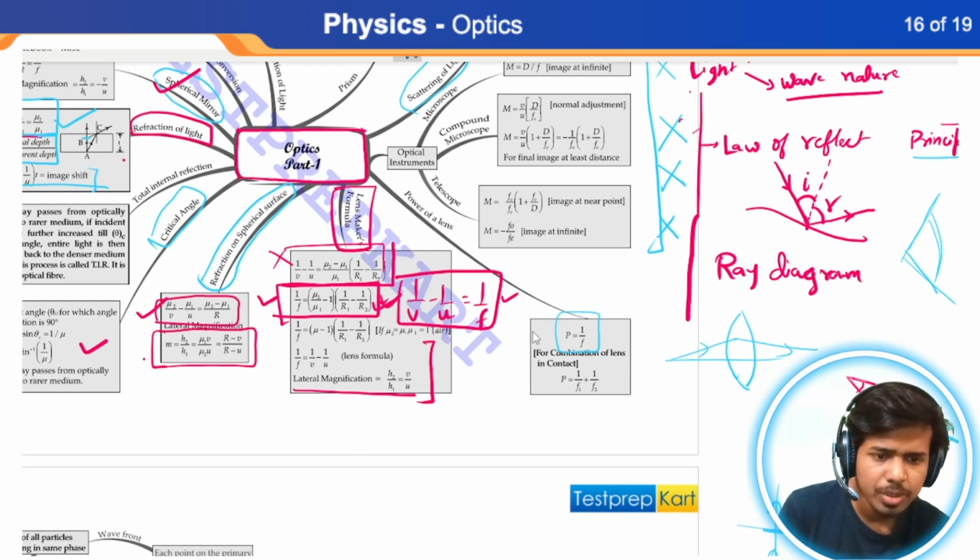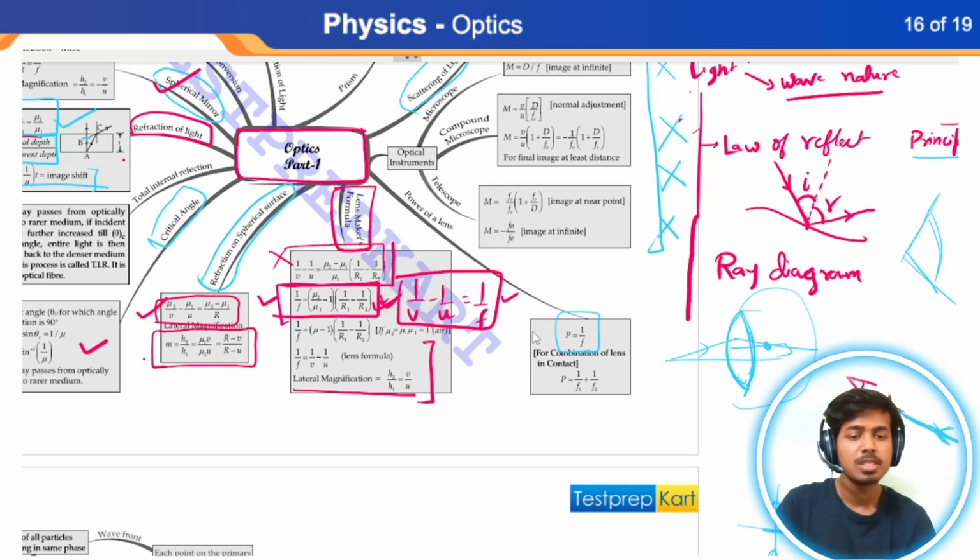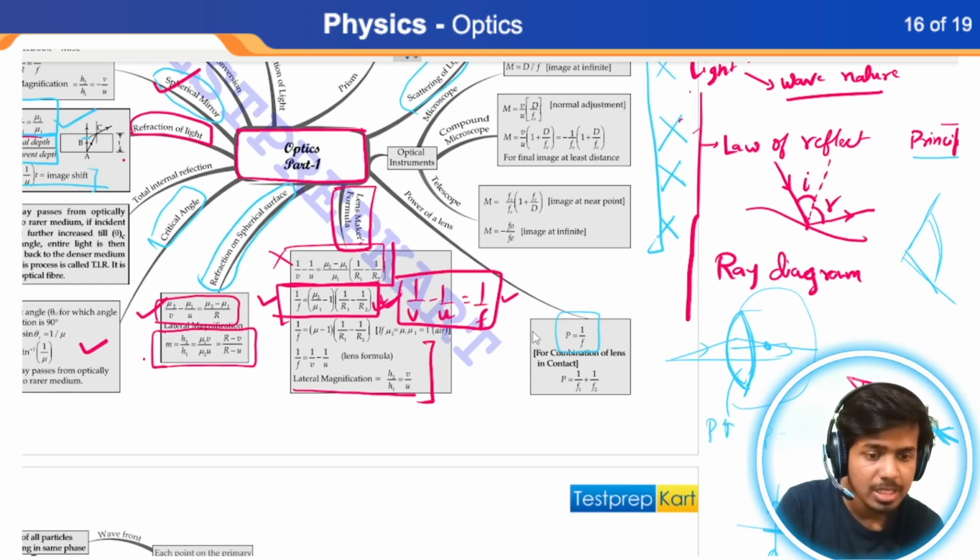And you already know that the thicker the prism, the more the power. Basically, if you have a thicker prism, the focal length is going to be shorter, right? Because it is having a less radius of curvature. So less radius of curvature means lesser focal length, and lesser focal length basically means more power. So power is defined in such a way that power is equal to 1 by f, 1 by focal length simply.